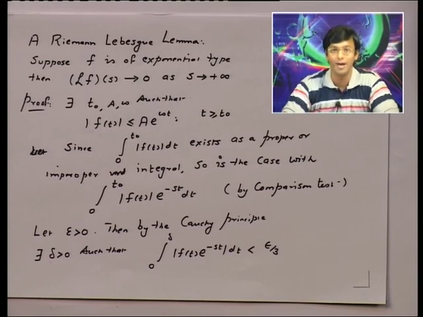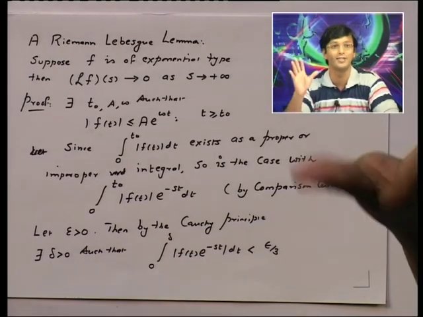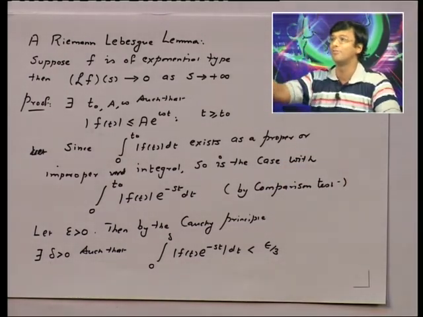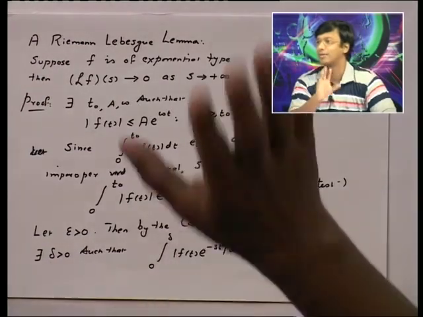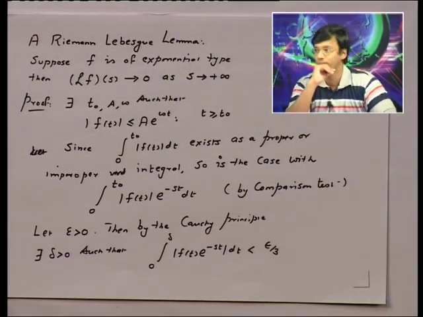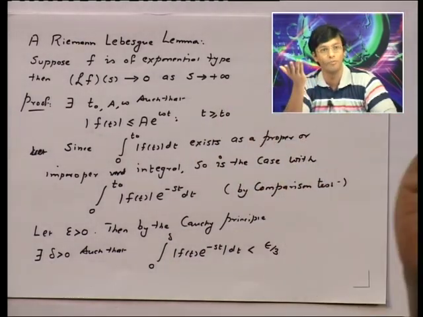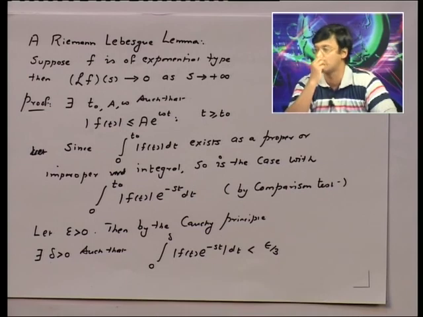And so we have a class of theorems, all of which assert that something goes to 0 if something is nice. The Fourier coefficients go to 0. For a 2 pi periodic function, the Fourier coefficients go to 0, the Fourier transform goes to 0, the Laplace transform goes to 0.